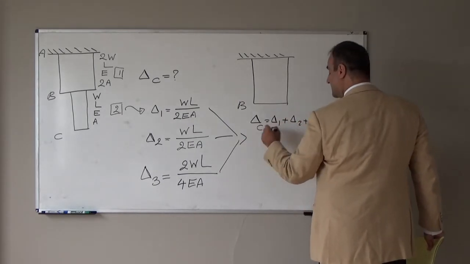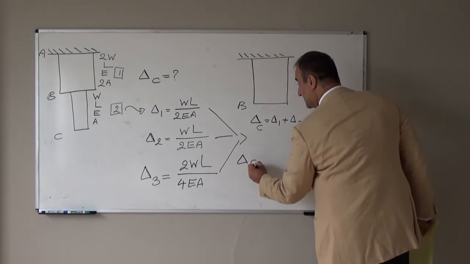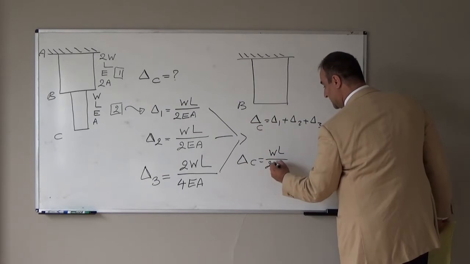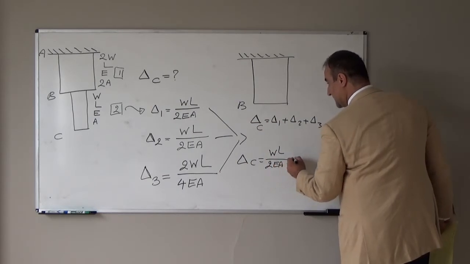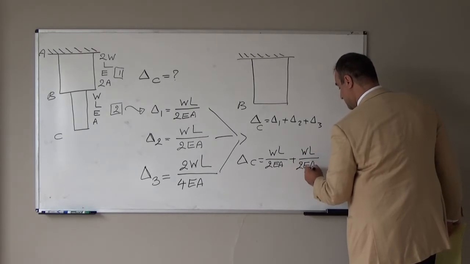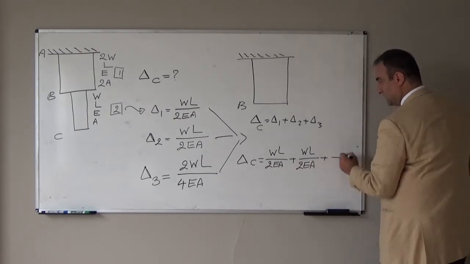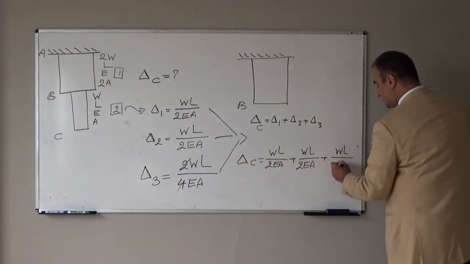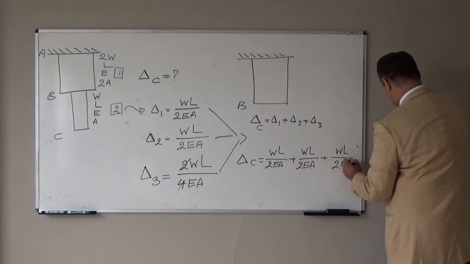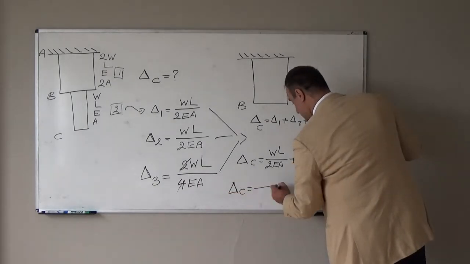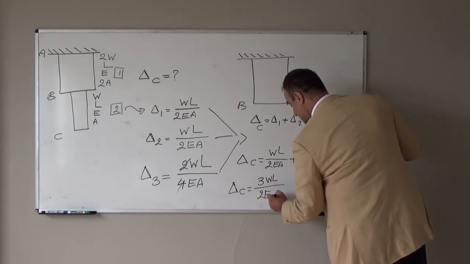We will find delta C. So delta C will be equal to WL over 2EA plus WL over 2EA plus, if we simplify this again, WL over 2EA. Finally, delta C will be 3WL over 2EA.